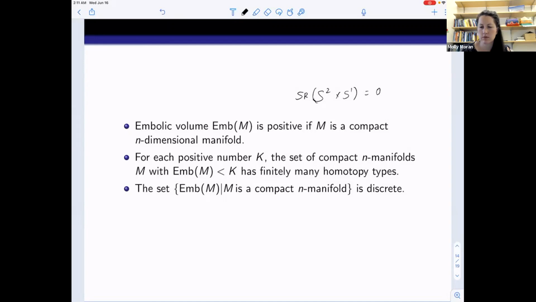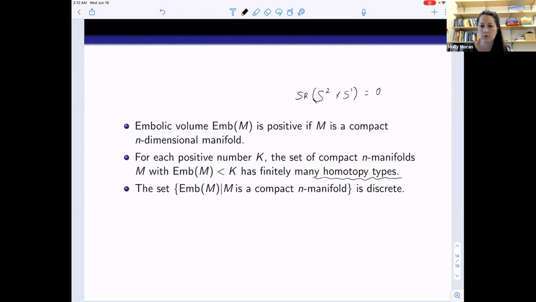And for embolic volume, we have the geometrical finiteness theorem. For a large enough positive number k, if we consider all compact n-manifolds with embolic volume at most equal to k, then there are only finitely many homotopy types. In fact, we also have finiteness for homeomorphism types and diffeomorphism types, where the dimension n should be at least 5.